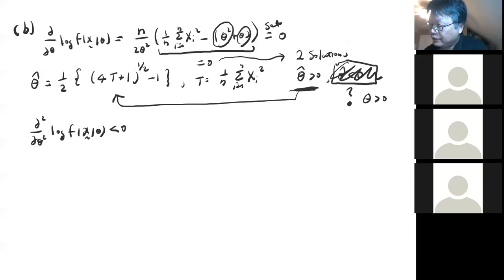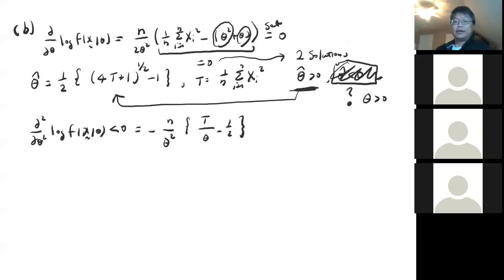Negative. Then the second derivative right here is n theta squared, then you have t right here, theta minus half. And you could show that this guy is positive actually, bigger than half, and this guy has minus n right here, so it's smaller than 0.